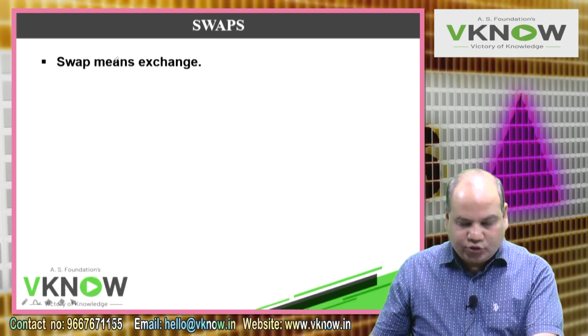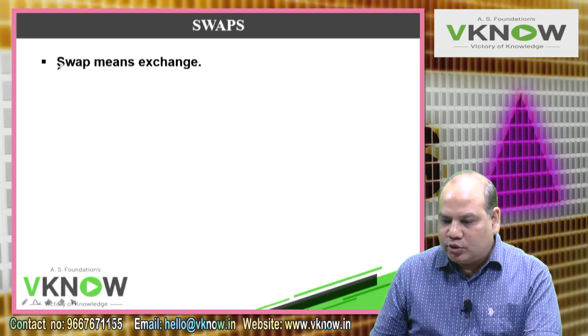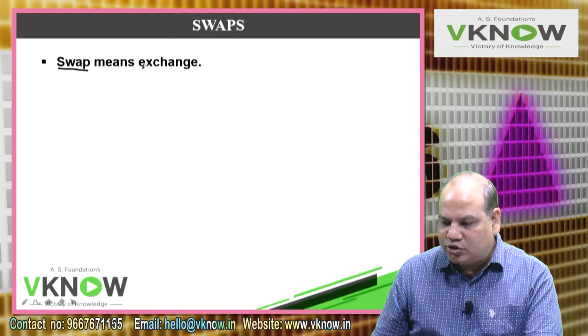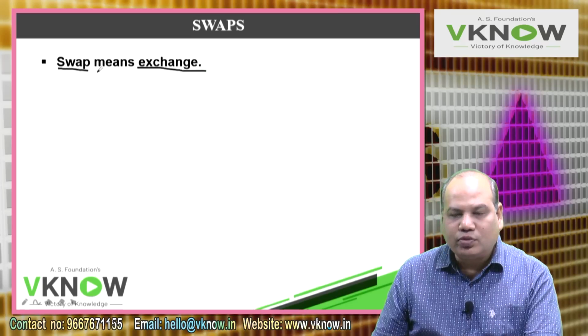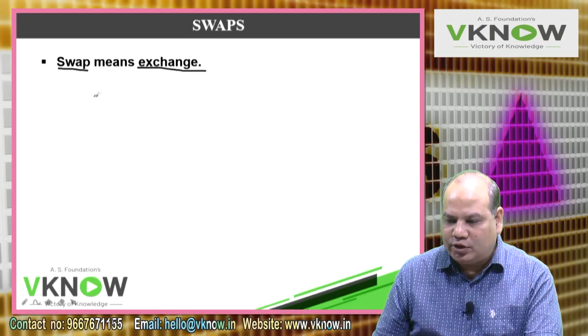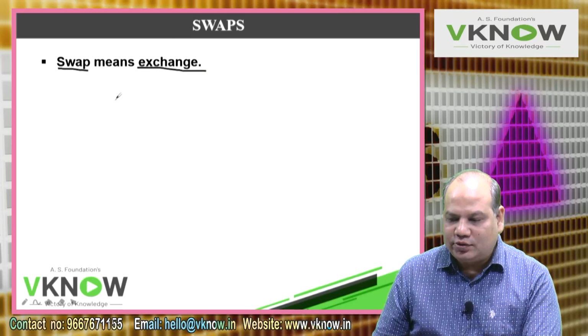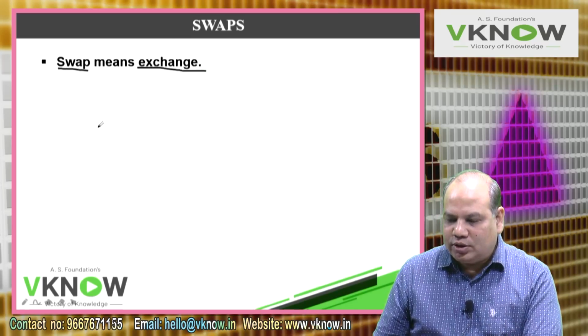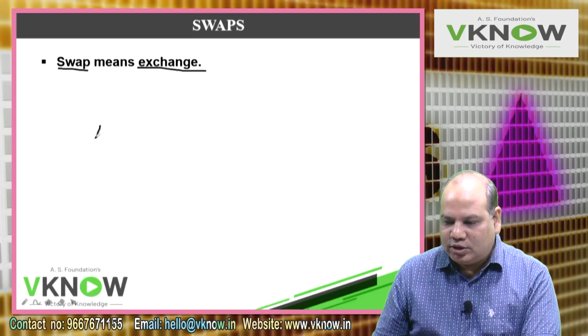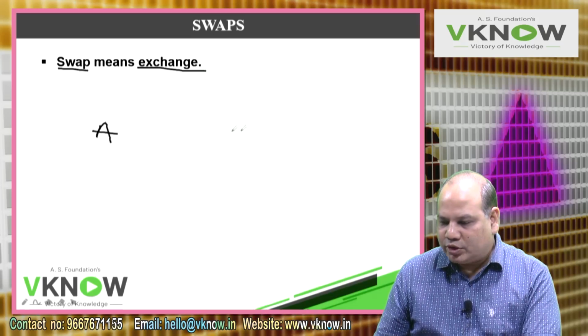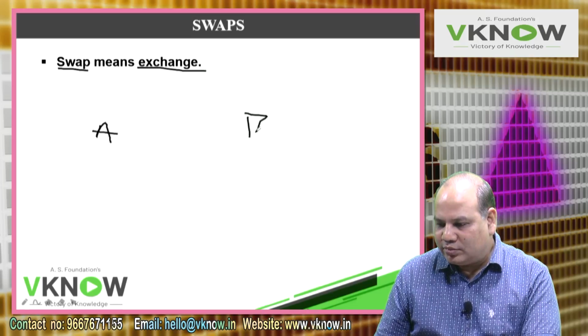What do you mean by swap? This word swap means exchange. The word swap in general meaning is exchange. That means two parties are exchanging certain things. Like in the exam hall, A is sitting here and B is sitting here.